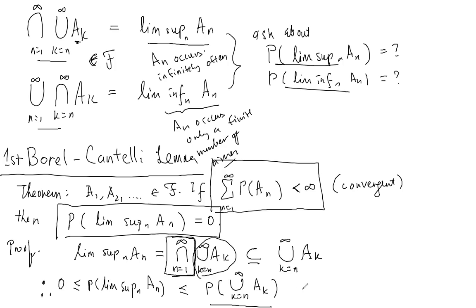And from here we can apply an inequality. What inequality can we apply here? Remember the inclusion exclusion formula. If you take the union of this, this will be less than or equal to what?